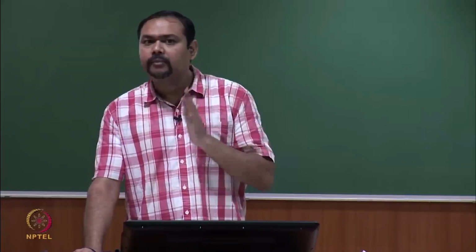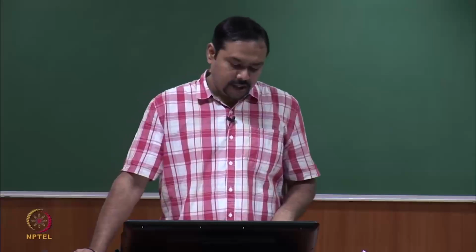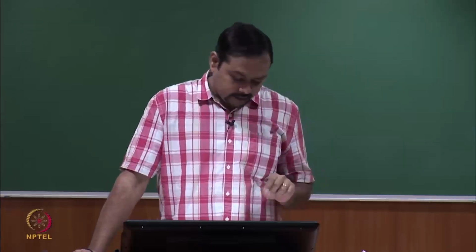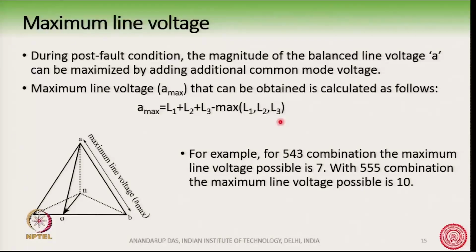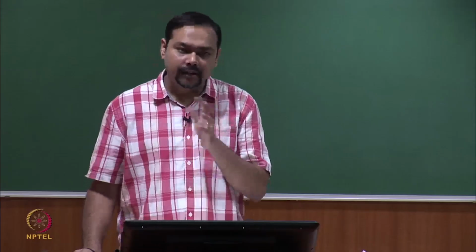Because we do not want an unbalanced current to be injected into the medium voltage grid. So, under that condition, this point O is something which we play around with. The point O can change the power flow in each of these legs. It can redistribute the power flow.